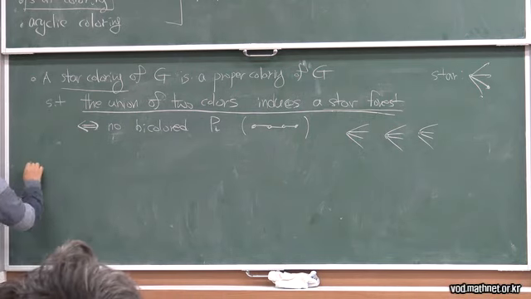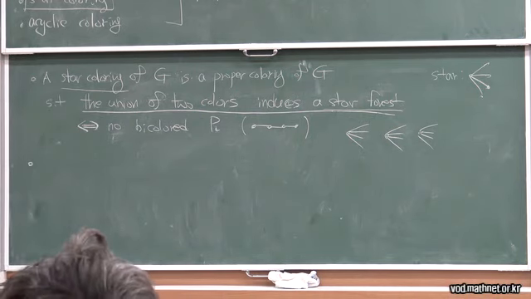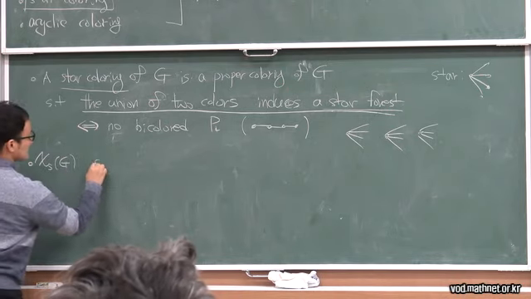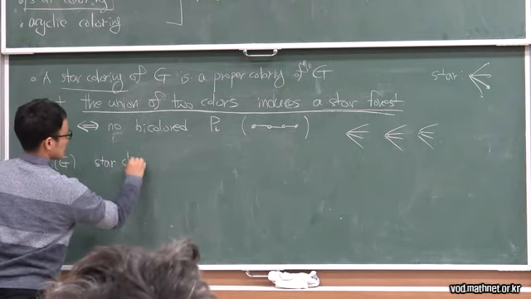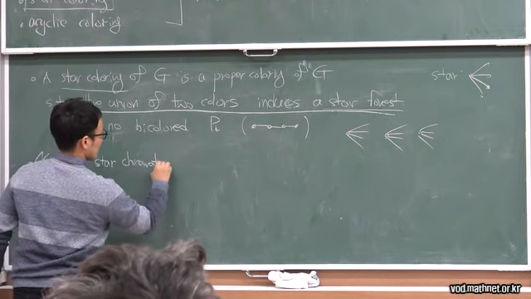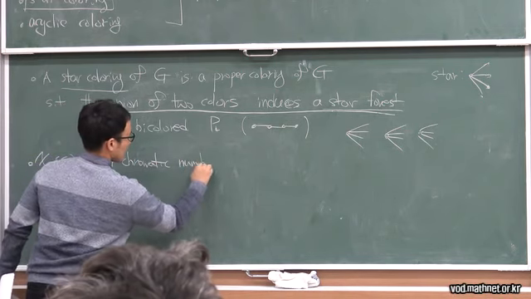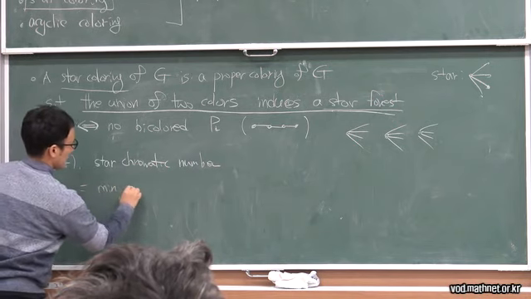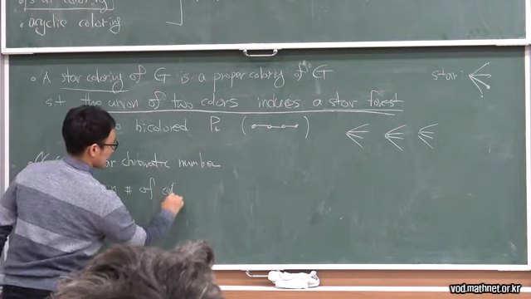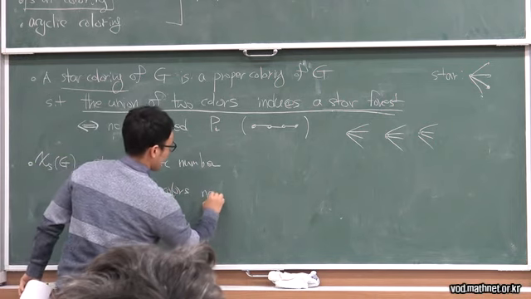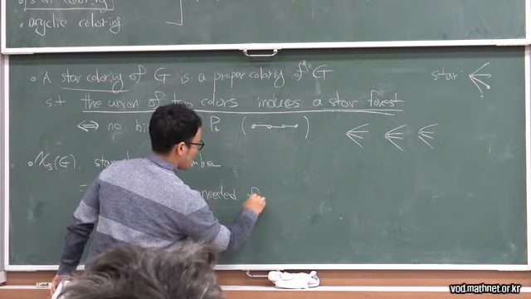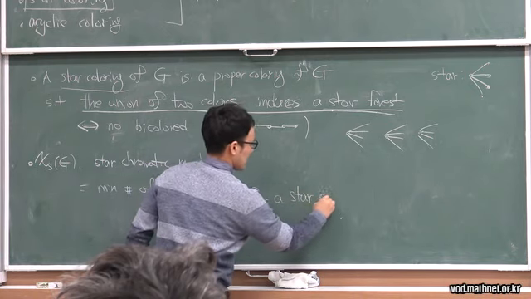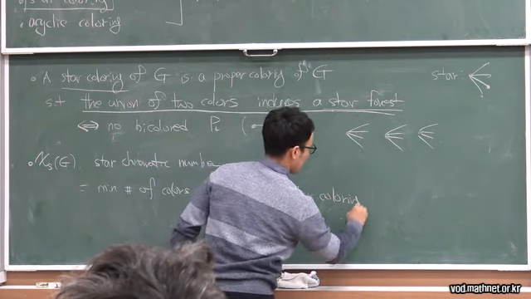The star chromatic number, which we denote by chi_s(G), is the minimum number of colors needed for a star coloring of G.